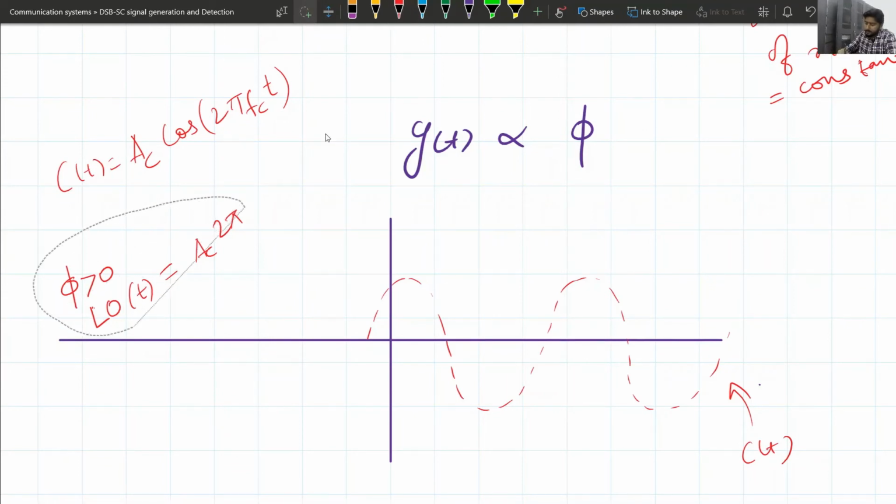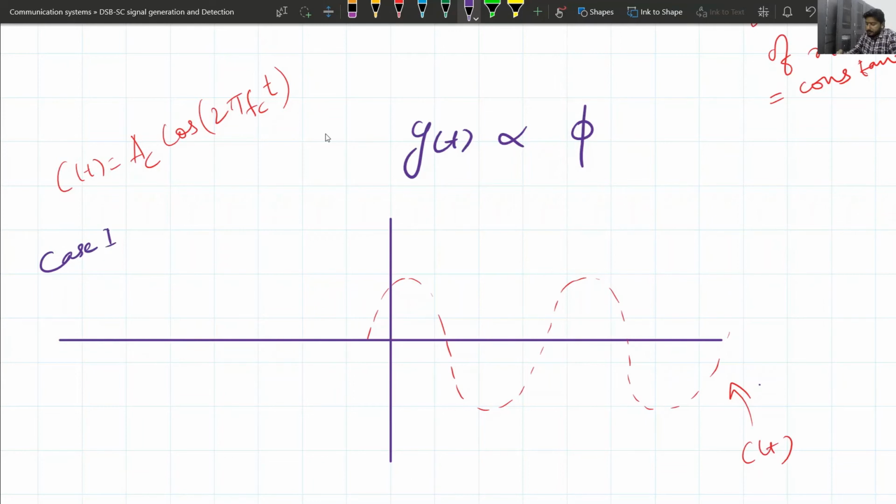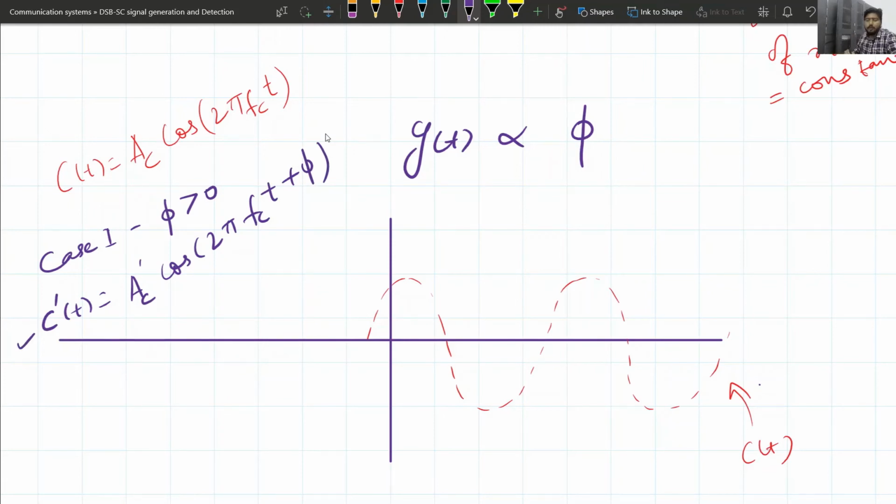Let's take case 1, when phi is greater than 0. In that case, let us define the local oscillator as c dash t, with cos 2 pi fc t plus phi, because it has got a phase error. Let's say the phase error phi is greater than 0.